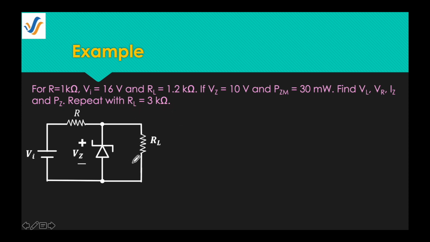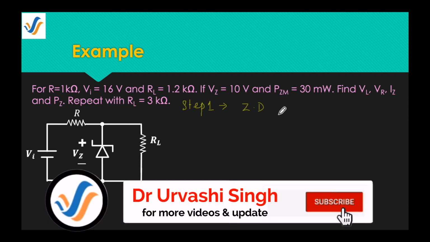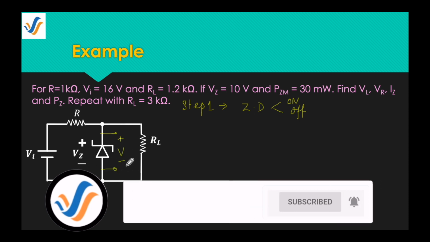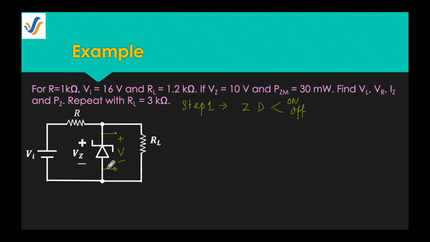Now let's see how a Zener diode is going to work. So the first step is to know whether the Zener diode is on or off. For this, what will you do? You will remove this Zener diode and find out the voltage drop over this point. So this voltage V, which is also equal to VL, is given by RL times VI upon R plus RL.